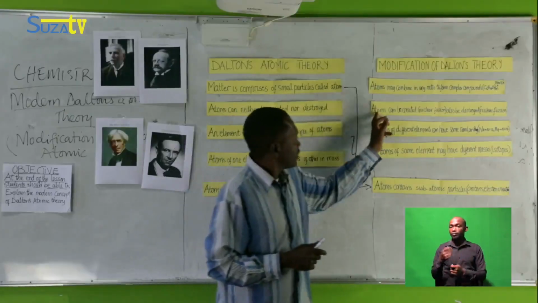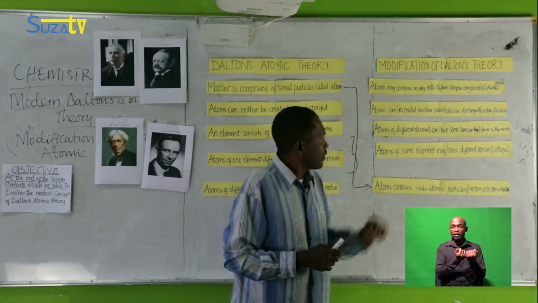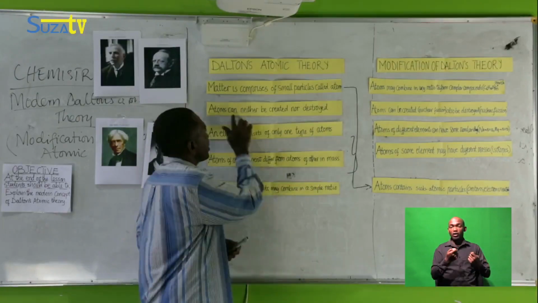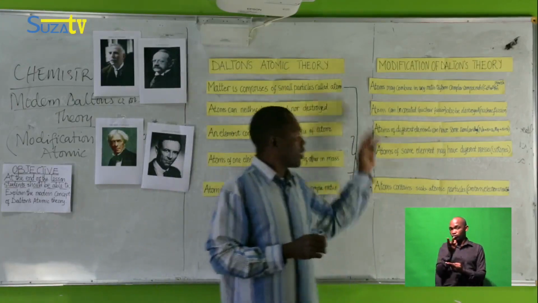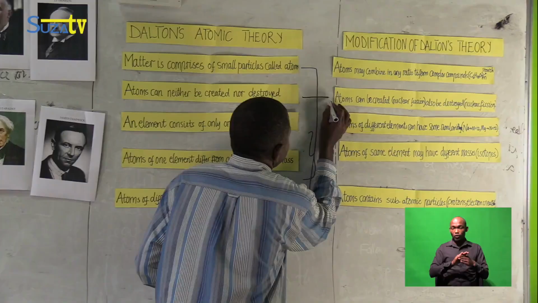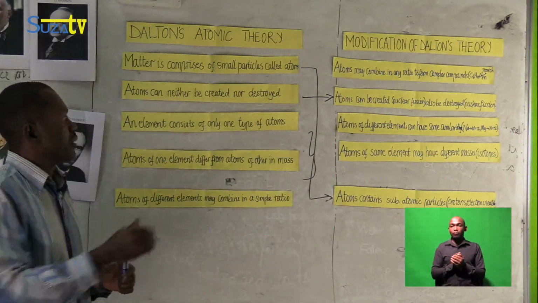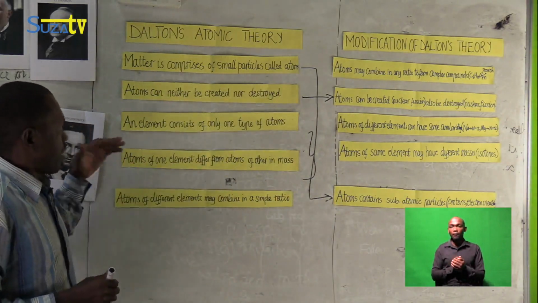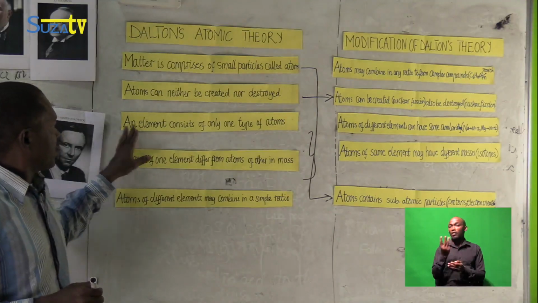The second one, atom can be created by nuclear fusion, also be destroyed by nuclear fission. So it's about creation, there's something in common about creation. So it means that this one directly resembles this one. This could be the Dalton atomic theory, and that one could be its modification. So they are matched.